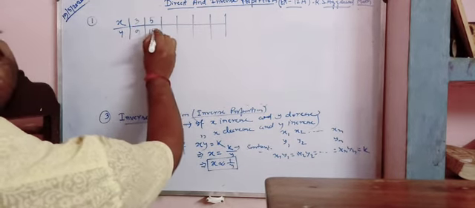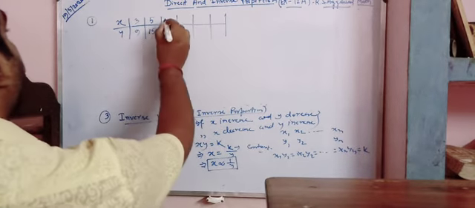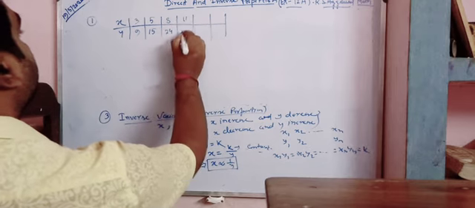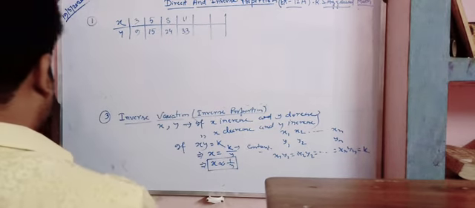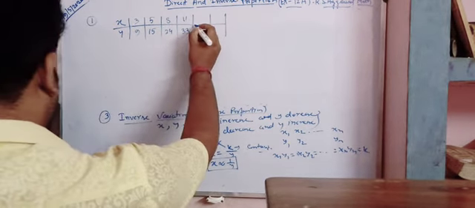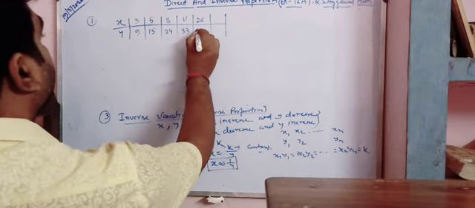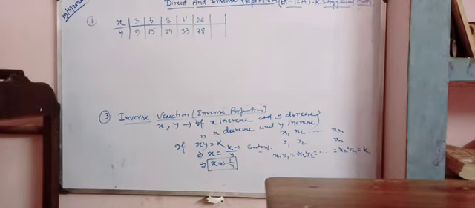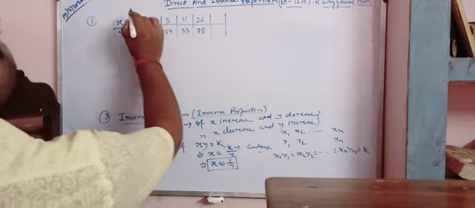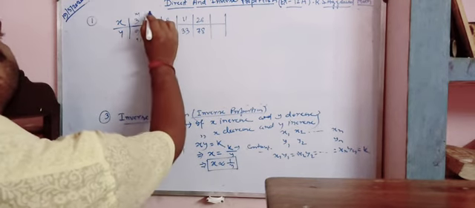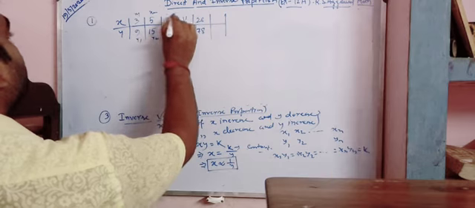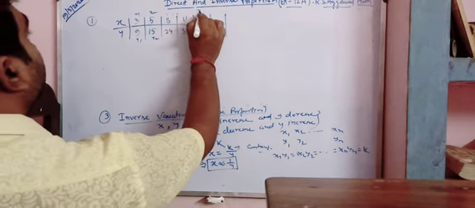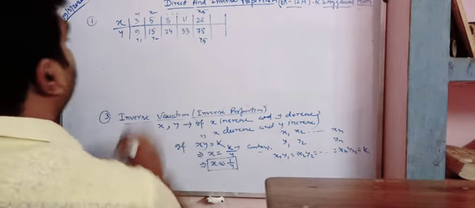5 by 15, 8 by 24, next 11 by 33, next 26 by 78. So we are taking these as x1 y1, x2 y2, x3 y3, x4 y4, and this is x5 y5.